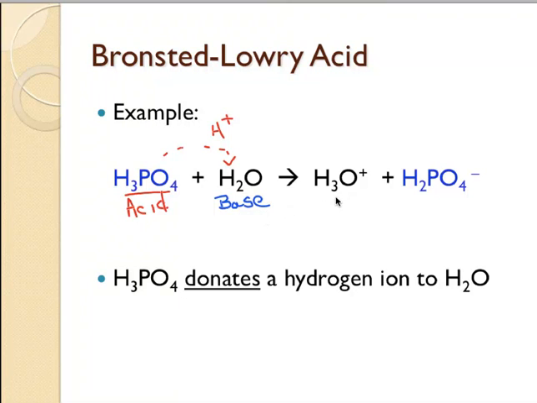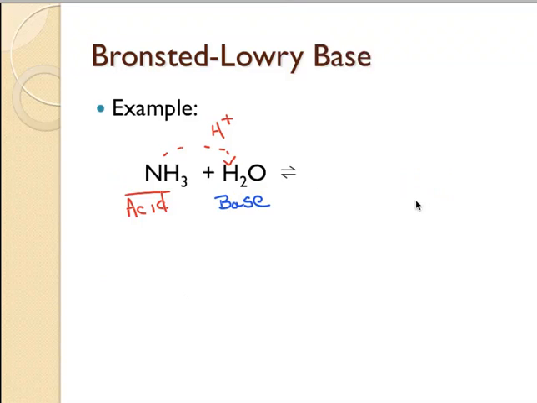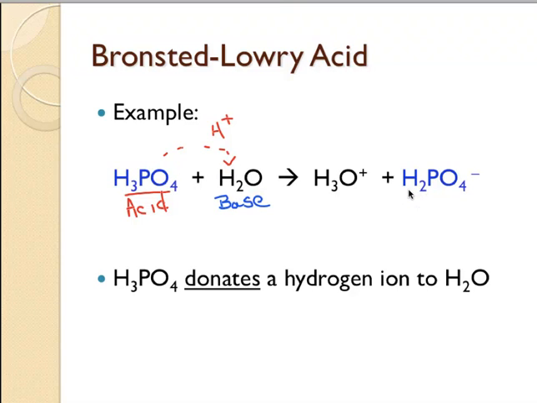Now, if we look at the two products, I have the particle that accepted that proton, and I have the particle after that proton was donated. This one, missing the proton or the H+, is what is known as the conjugate base.